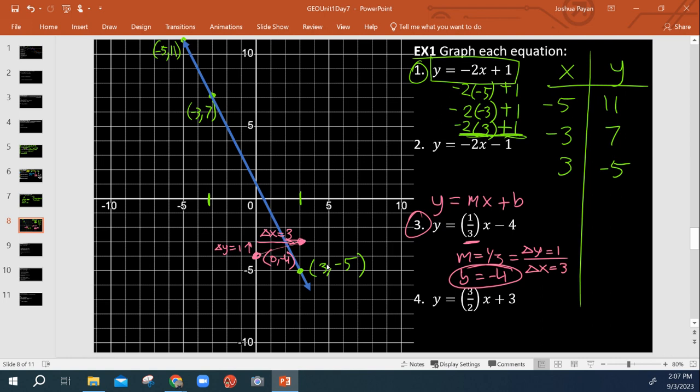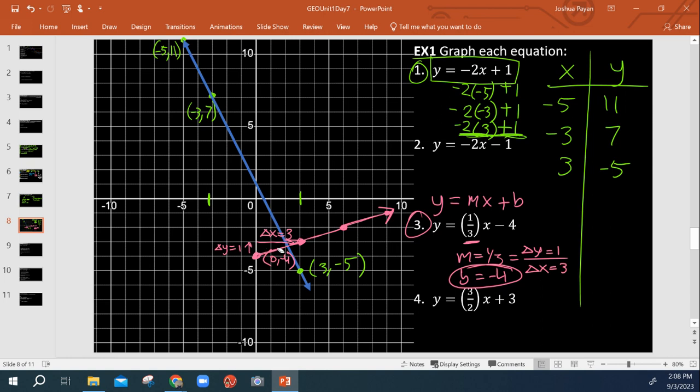And we know that we can just connect these two. And if we just keep going, +1, +3, here we are again, and +1, +3, here we are again, and we just keep on going. And we see that we have a nice line forming.